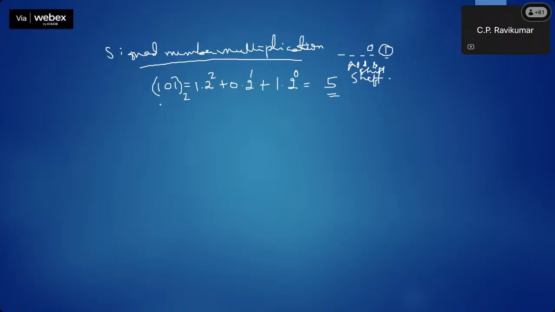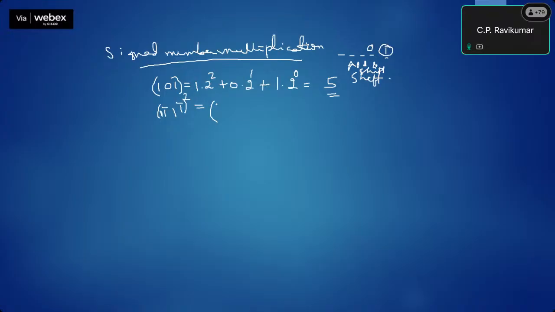Now I could try doing the same thing like this. I could say 1 bar 1, right? And 1 bar 1. So 1 bar means minus 1.